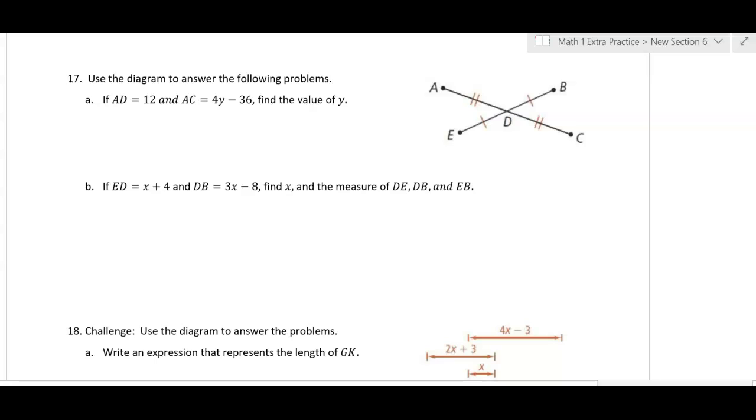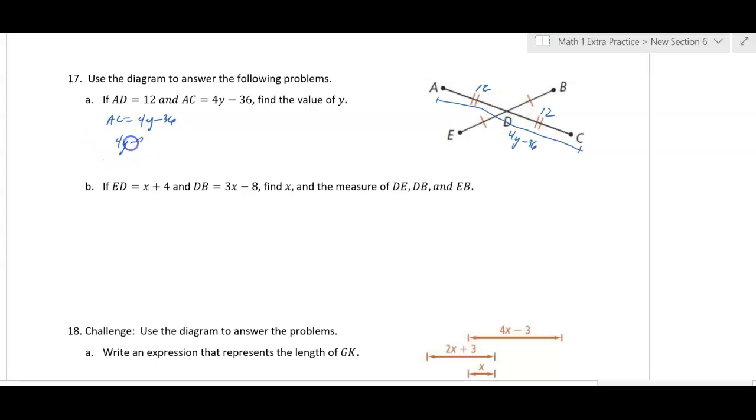Number 17. Right away, they tell you AD is 12 and AC, right, is 4y minus 36. Well, they want you to find the value of y. Well, if that's 12, this is 12. So right away we know that AC is equal to 4y minus 36, but what is the exact measurement?